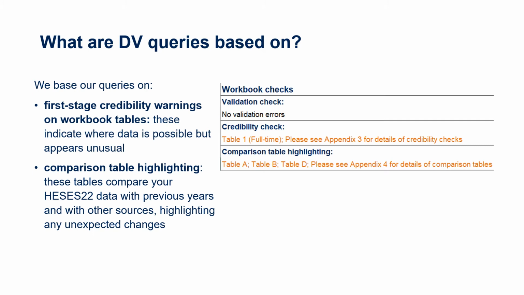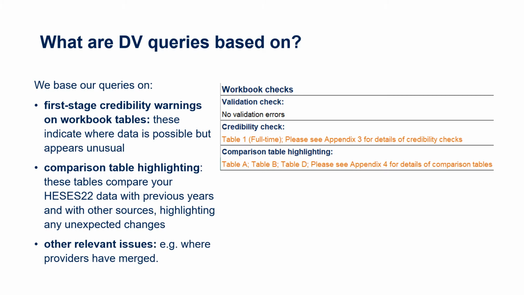Comparison tables were mentioned earlier, but we haven't said much about them so far. They're not something that you enter data into, but they're automatically filled in, and we'll talk about the highlighting on them in a moment. For now, we'll just say that this is where we find greater than expected changes in data compared to previous years and from other sources. As noted before, these are also listed on the information sheet.